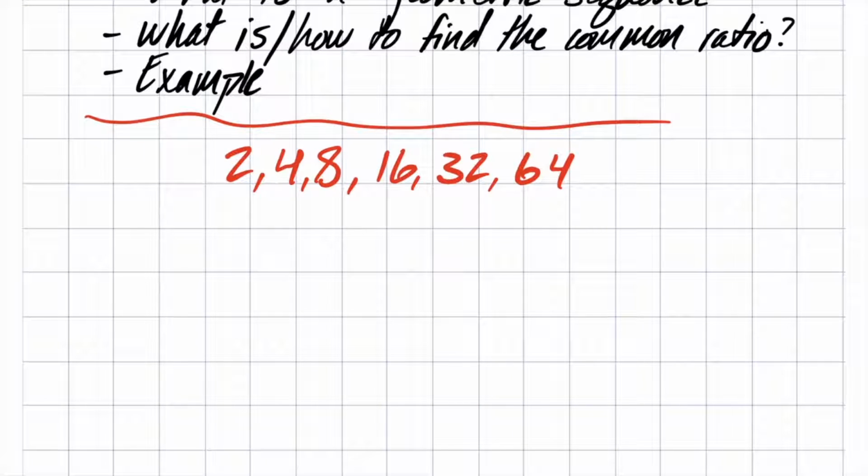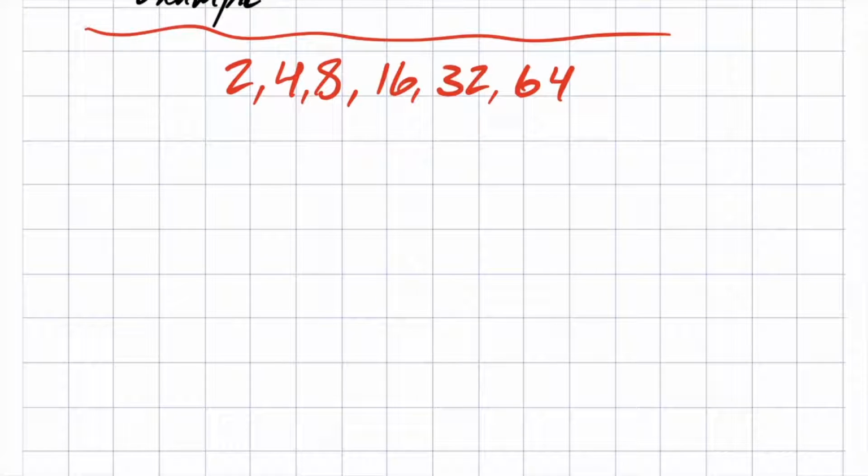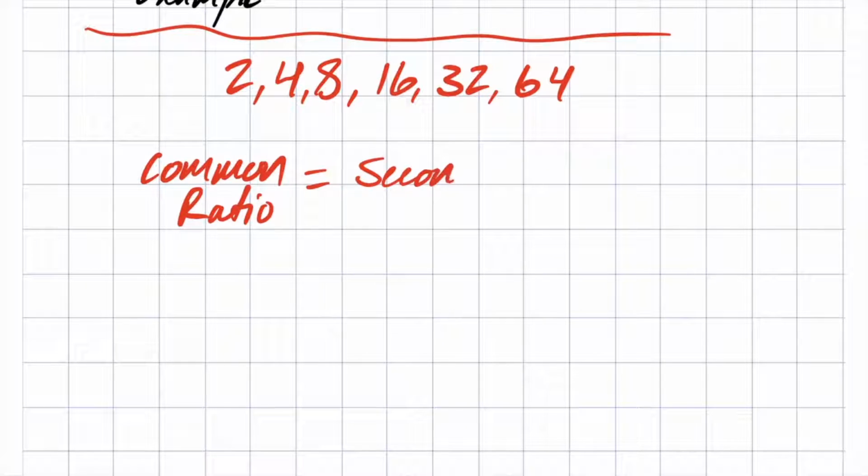Okay. So that specific pattern is what the common ratio is. And in order to find the common ratio, right here, common ratio, we do the second term over the first term.